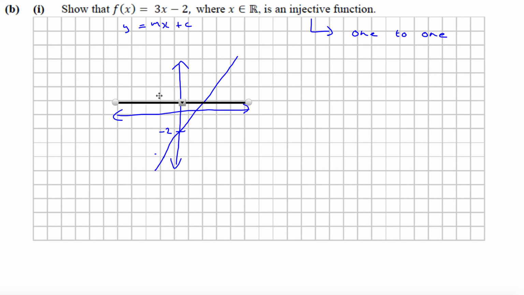And you can see that it doesn't. If you're dragging this up and down, it's only ever crossing the function f of x at 1 point. So that means it's an injective function. So you can just write down that it passes the horizontal line test.